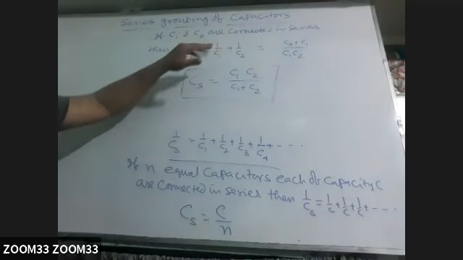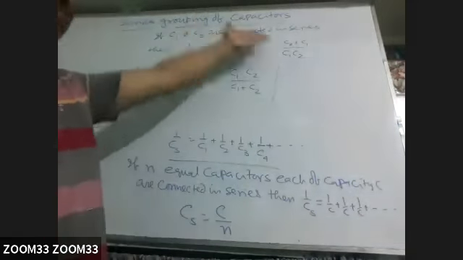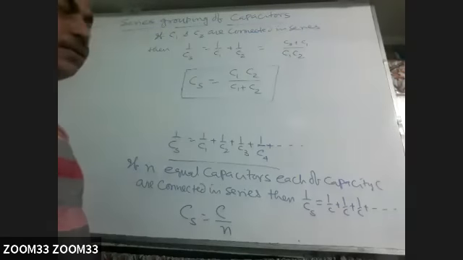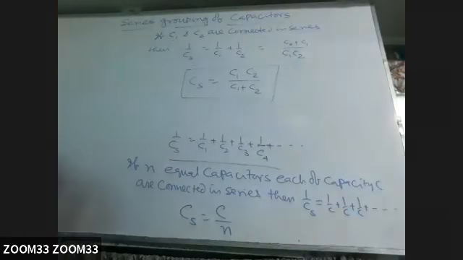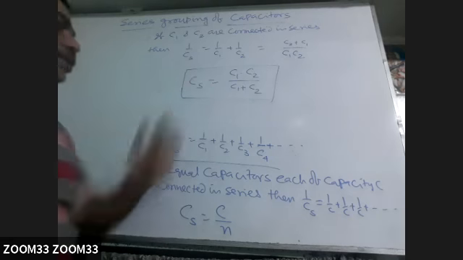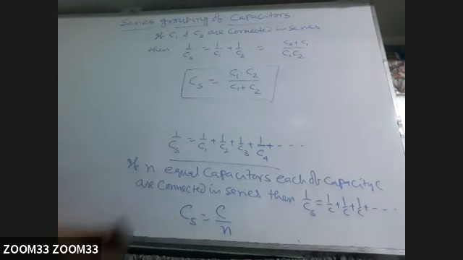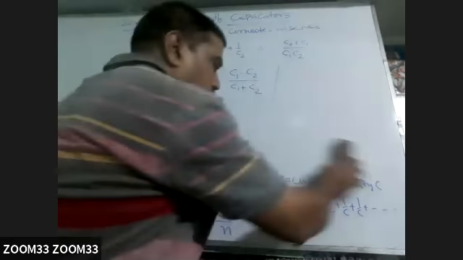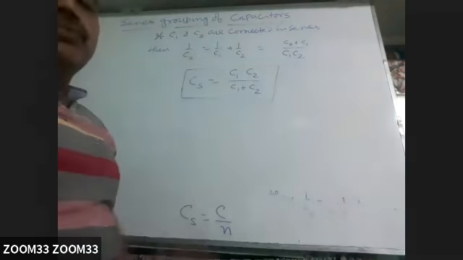What is the problem? You will bring up to here and you will say this is the answer. So generally you will forget to invert that. This is 1 by CS. So always we will use this formula, C1 C2 by C1 plus C2. Now in this case, whatever the value of C1 and C2 may be, the value of CS will always be less than both.